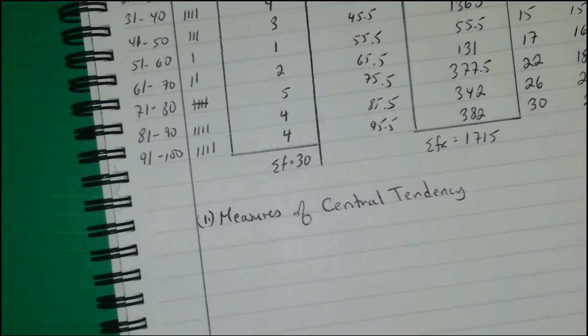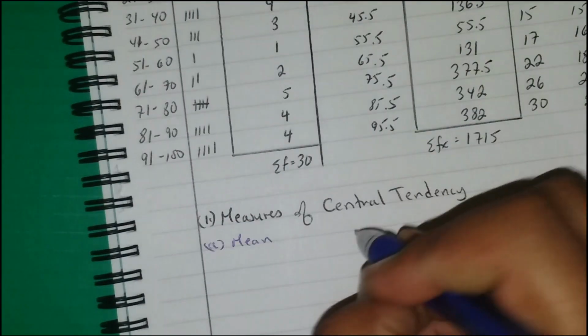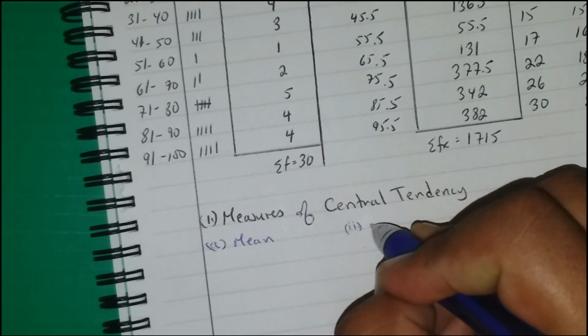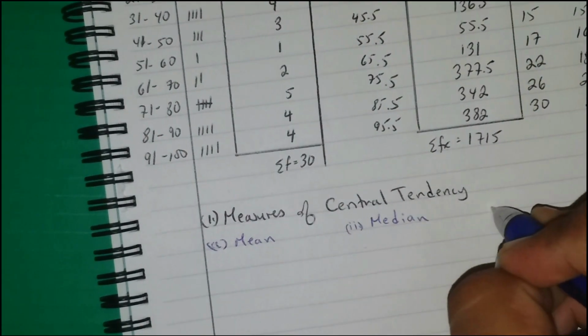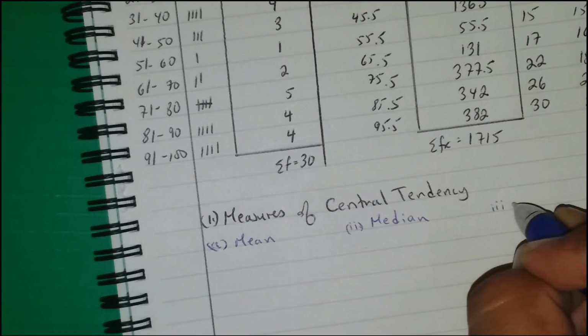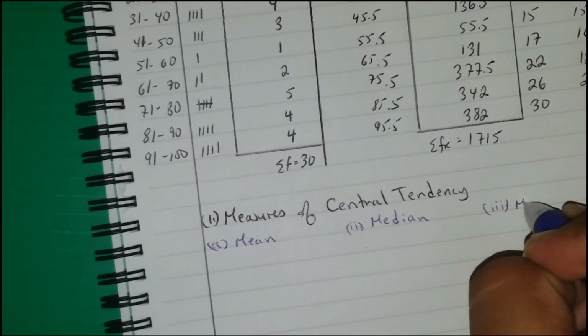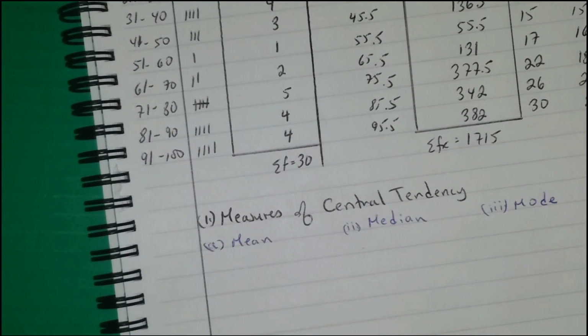Now, from this small set of data on group frequency table and the frequency table, the measures of central tendency we have are going to be 1, the mean, 2, the median, and 3, the mode. Those are the 3 measures of central tendency, and then we want to move from there.